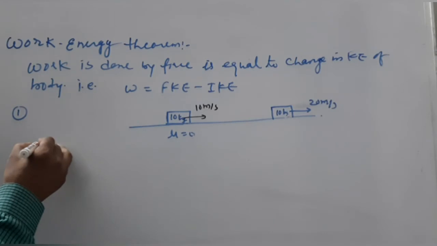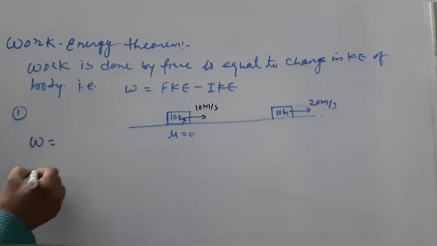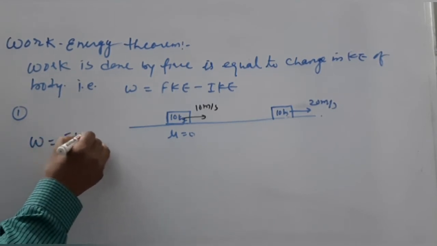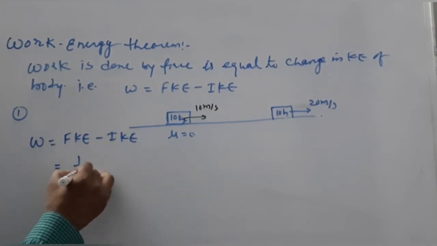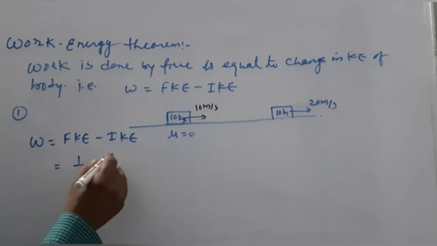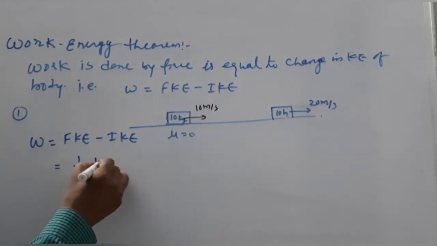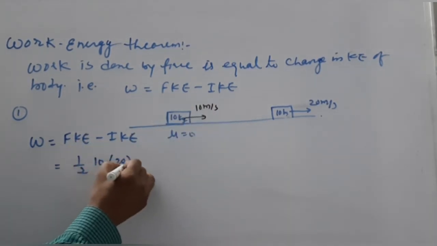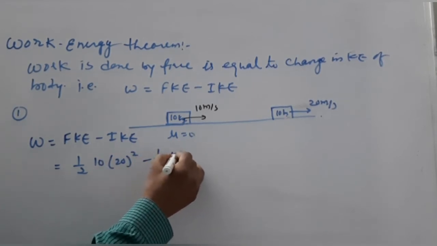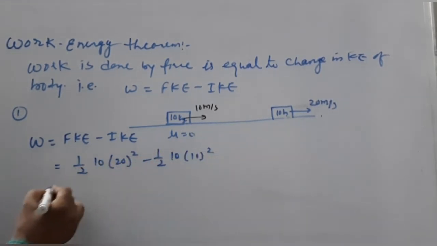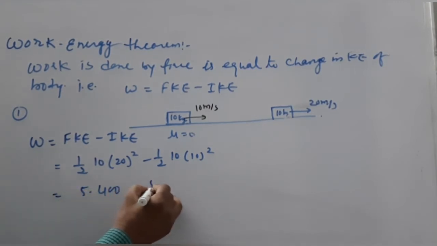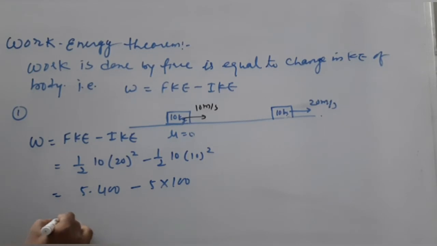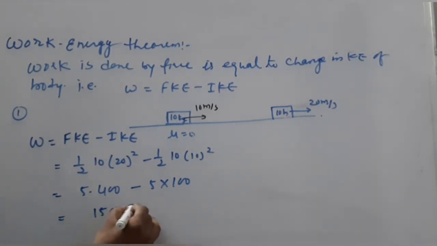Simply, work done is equal to final kinetic energy minus initial kinetic energy, that is 1 by 2 into 10 into 20 square minus 1 by 2 into 10 into 10 square. It gives 5 into 400 minus 5 into 100, then the answer is 1500 joule.